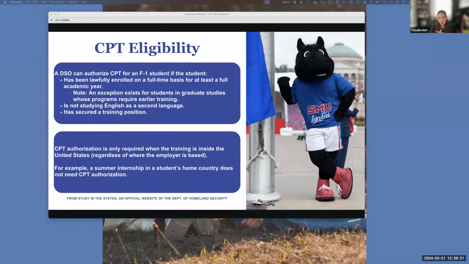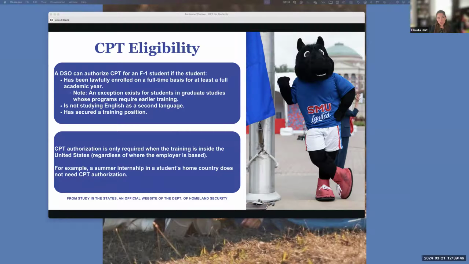For CPT work authorization, you do not need to send an application to the United States Citizenship and Immigration Services, USCIS. The work authorization is granted through our office, and it will show up on your I-20.